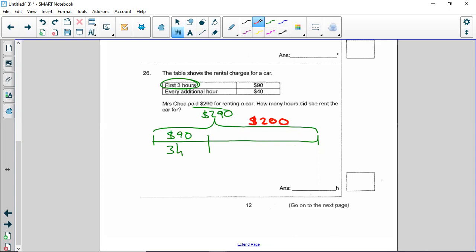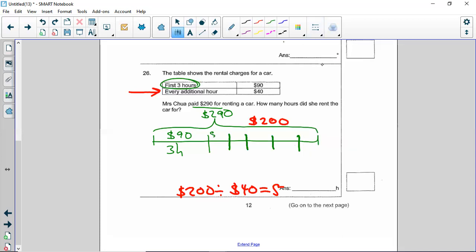And that will be how many groups of 40? So $200 divided by 40 gives you 5 groups. So you can start cutting: 40, 40, 40, and so on.